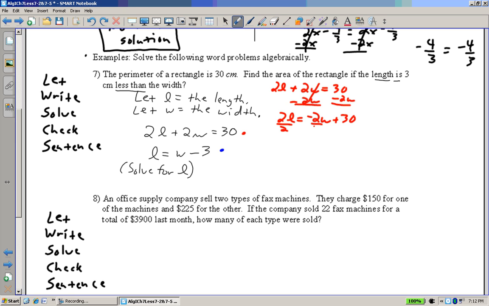Divide by 2. So L is by itself. Also in the blue, L happens to be by itself already, which is very handy.